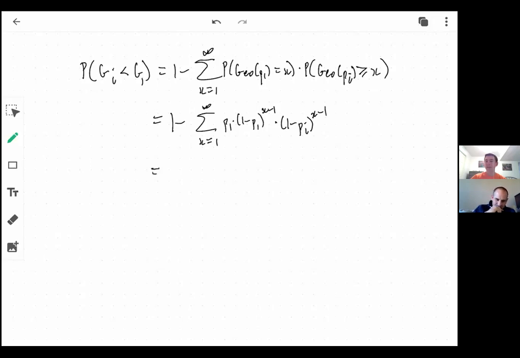So this is 1 minus P1 times, okay, if you take x to be 1, you just get 1, right? Plus, what's the next term? If I take x to be 2, it's just 1 minus PI. Plus, what's next? 1 minus PI squared.